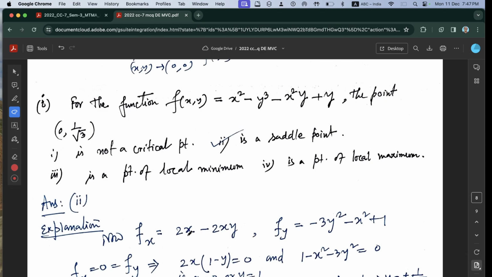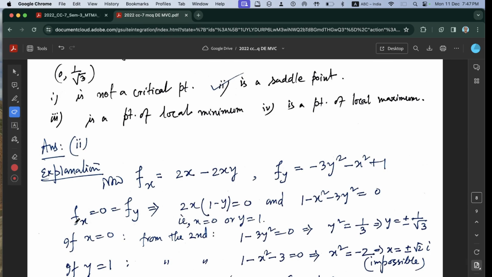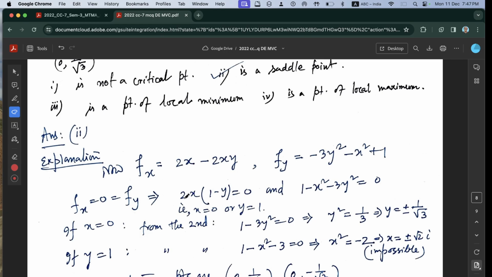Now, ∂f/∂x equals this, ∂f/∂y equals this. For an extremum value, ∂f/∂x = 0 = ∂f/∂y. Hence, we get 2x(1 − y) = 0 and 1 − x² − 3y² = 0. From this, either x = 0 or y = 1. When x = 0, from the second equation, 1 − 3y² = 0, we get y = ±1/√3.